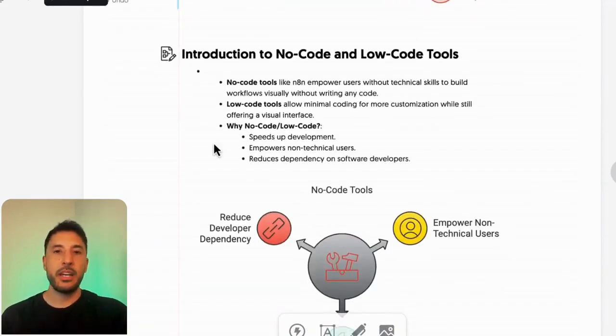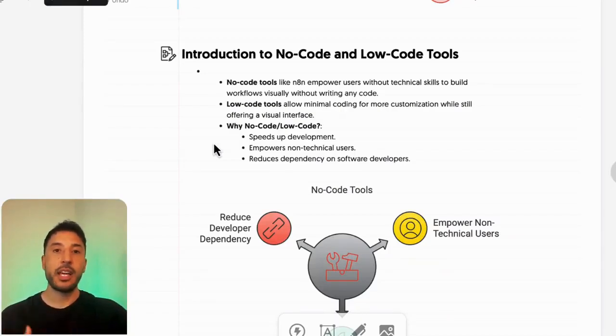There has been a huge influx of no-code and low-code tools that have come into this space because of AI, right? No-code or low-code tools like N8N really empower users who previously didn't have technical knowledge to get involved and build workflows, because the user interfaces for these tools have become extremely powerful, where now you don't need any background in coding.